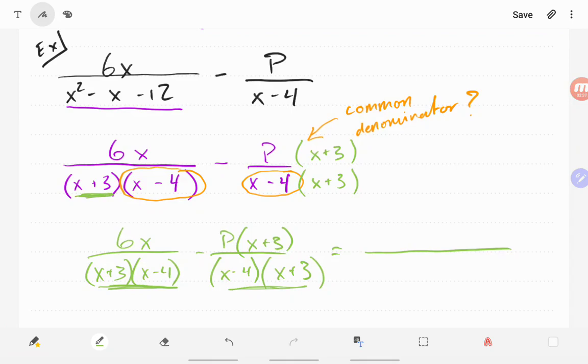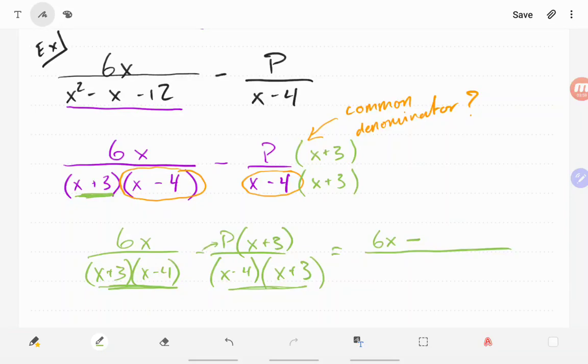And what we usually want to do with these is you can re-multiply it out if you would like. I really only recommend re-multiplying it out if you know something's going to combine in the numerator to cancel or something like that. But what we can do is say, well, this is going to be 6x minus, and this minus here is crucial.